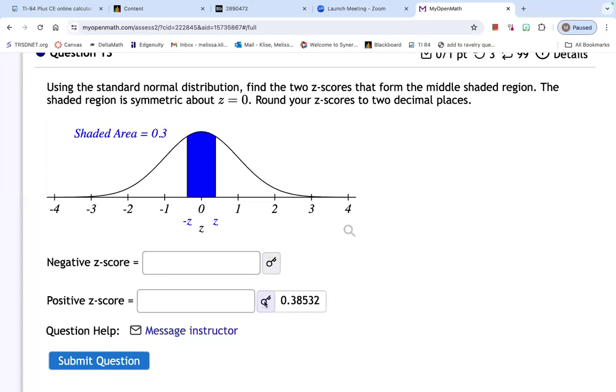So the positive z-score is 0.385. The cool thing is the negative z-score is exactly the same. It's just negative. So you only have to find one of them. Just find one and make the other one the opposite sign.